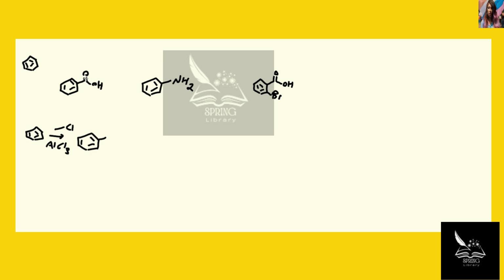The next thing is we need to oxidize this carbon, not just to an aldehyde, but fully oxidize it all the way to the carboxylic acid. So we need to add some sort of oxidizing agent, and one of the examples that the textbook uses is KMnO4, potassium permanganate.